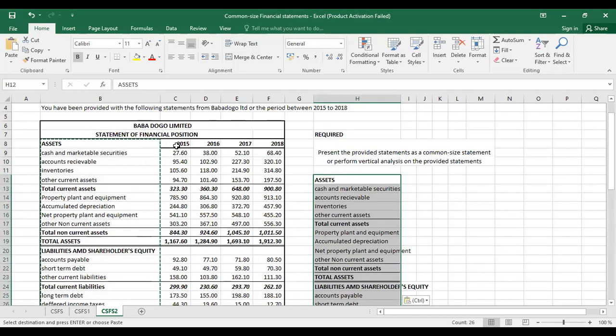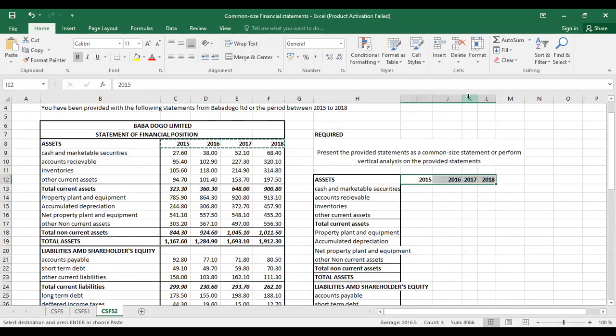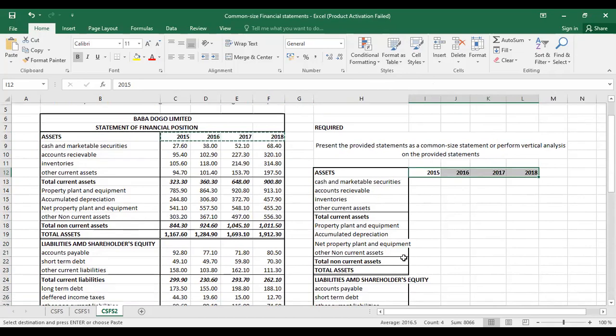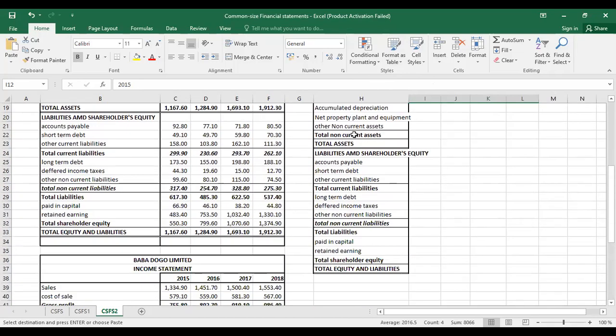So you just copy, then you also copy the years, Control C, Control V. I widen the spacing here. Under the statement of financial position, you divide everything by total assets.